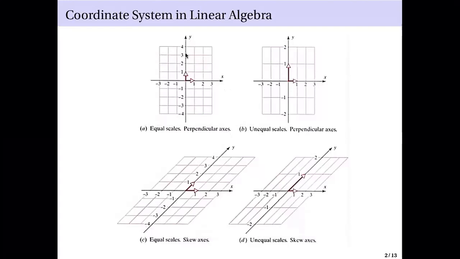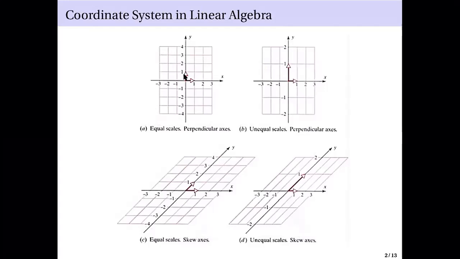In this figure, figure A, the scaling is 1 to 1, meaning 1 unit in the x-axis is the same as 1 unit in the y-axis, meaning the length of 1 unit in the x-axis is the same as the length of 1 unit in the y-axis.